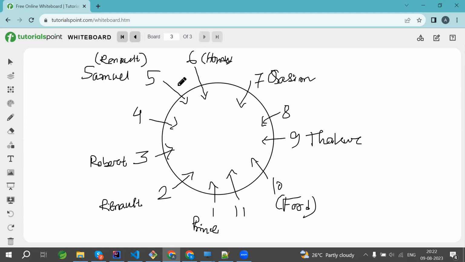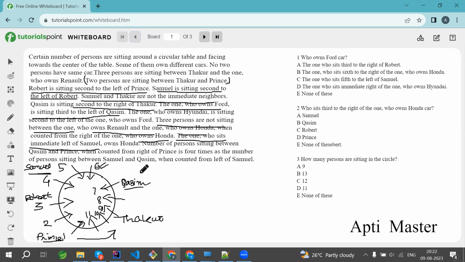We got this much information here. Now read again. Three persons are not sitting between the one who owns Renault and the one who owns the Honda when counted from the right of the one who owns Honda. So if the one who owns Renault sits at position 2, then there are three persons sitting between them. I'm assuming that the person at position 2 has the Renault, right?